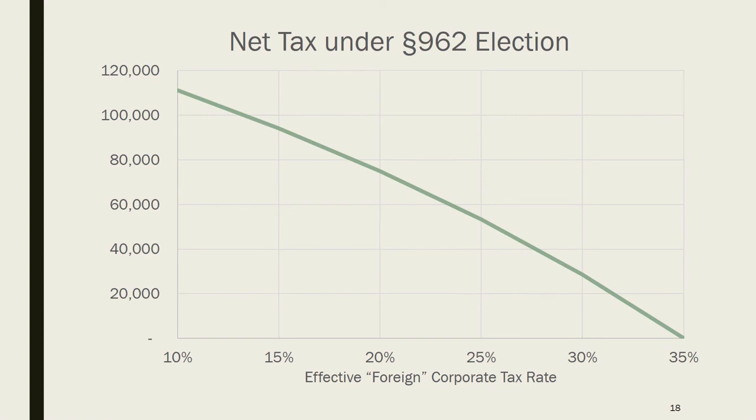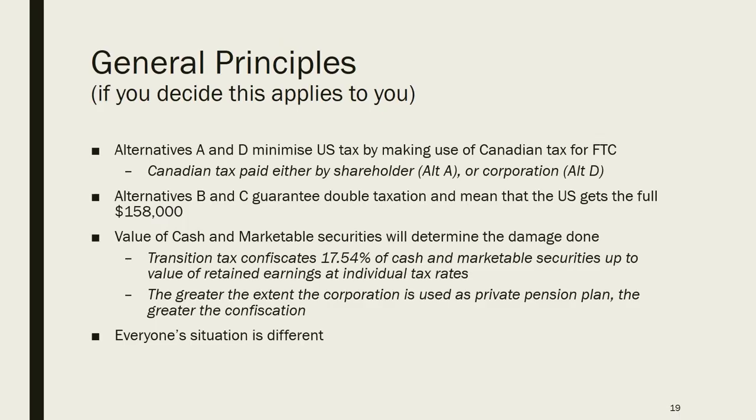Anyways, so from all of that, those were the numbers. Let's boil that down to some general principles. If you decide that this transition tax applies to you, then, because there is no transaction, it's just a transition, alternatives A and D minimize your U.S. tax because you're using Canadian tax paid as a foreign tax credit.